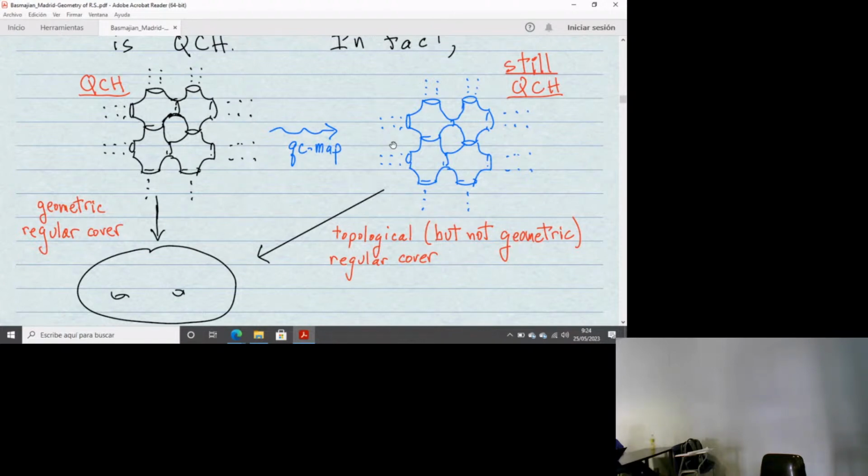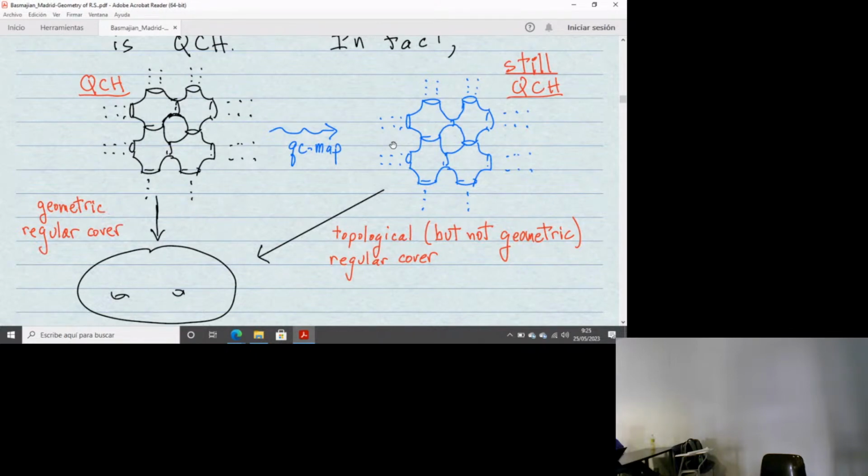All right, so what's happening here is remember that the geometric regular cover, that's always a theorem. The geometric regular cover of a closed hyperbolic manifold, in particular in dimension 2, the geometric regular cover is QCH. Okay, so in this picture, I have a hyperbolic surface here, genus 2. This is its geometric regular cover.